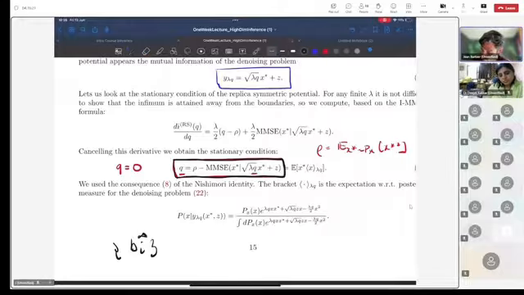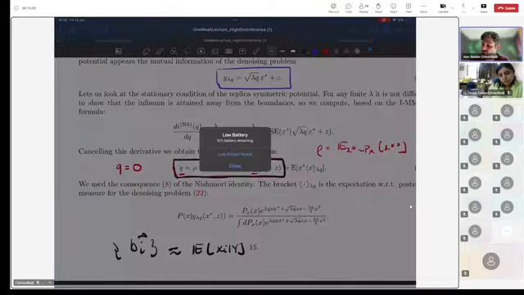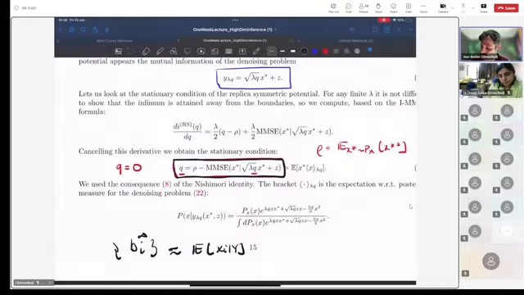At convergence, the means of these messages in this algorithm are an approximation for the posterior expectation of the components. This can be a good or a bad approximation. It depends on the quality of the data, on the signature, but this is the goal. What you hope is that these things are approximations of these posterior means.